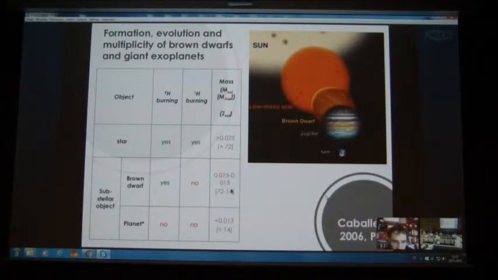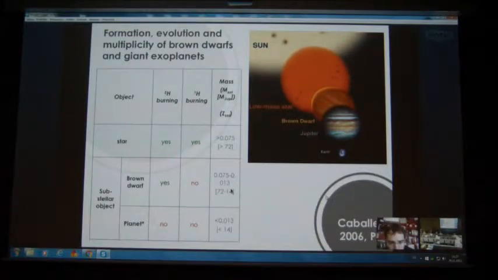say, planets. Not regardless of where they were formed, but on the physics of the interior, which means that the stars have burning of hydrogen and of deuterium, and thus they have a mass of around 0.075 solar masses.